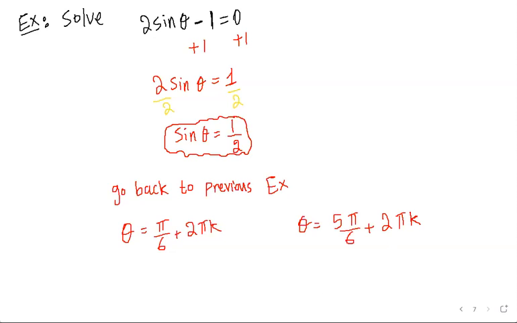For this example, the equation is not in the form sine equal 1/2 at first. You have to fix it, then you have to solve it. Any question here? Is it clear? This is the last example in this section.